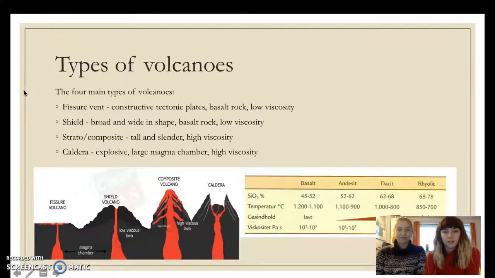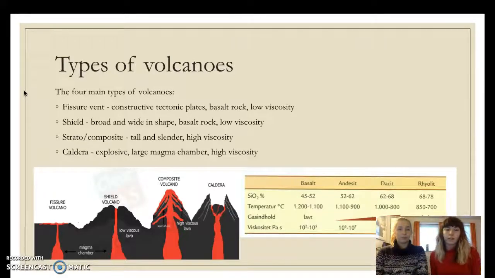Okay, so there are different types of volcanoes, and the 4 main types are the fissure vent, which comes from the constructive tectonic plates and is made mainly of basalt rock, and therefore it also has a low viscosity.